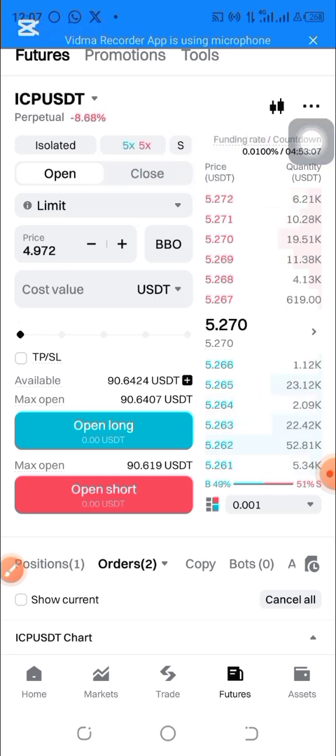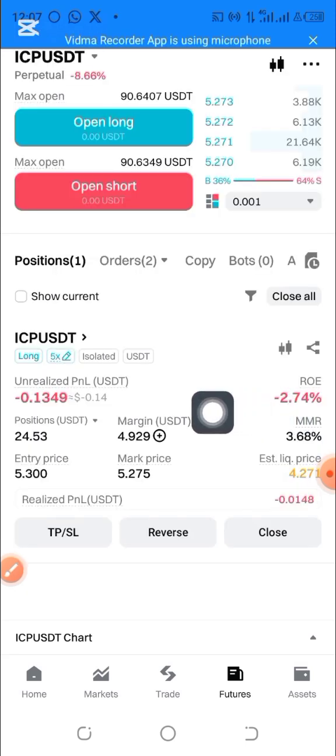Now one good thing about this dollar cost averaging is that once I have entered with my first $5, and let's say the market is not coming down but keeps going up, assuming that I keep making profits on this trade, then I don't have to add to this position again. I will just take my profits along the way without adding my second $5 and my third $5 into this ICP trade, because the market is already going towards my predicted direction.